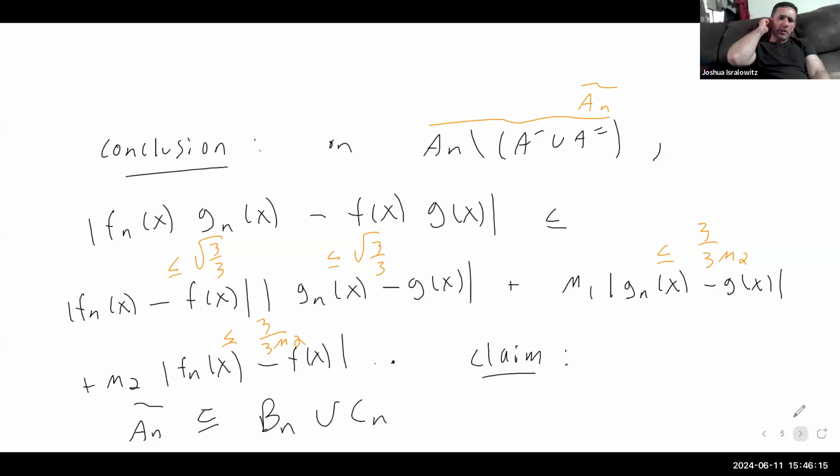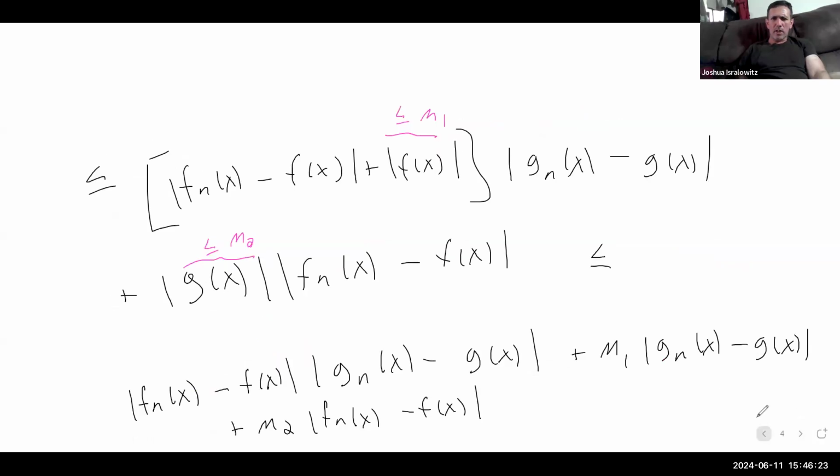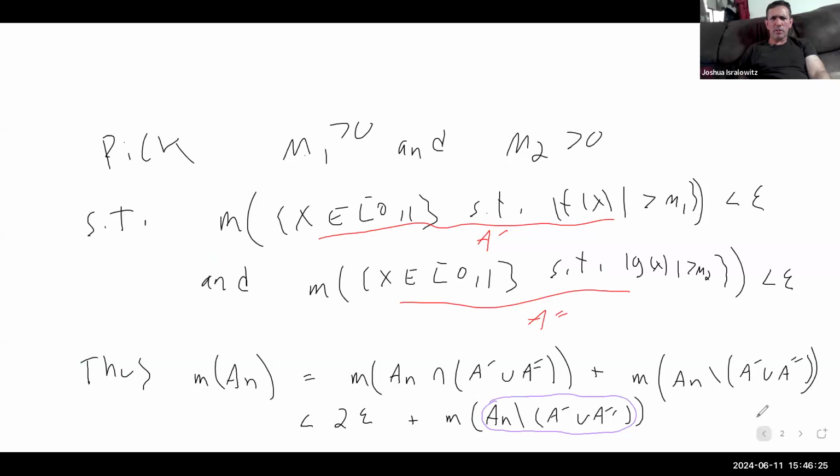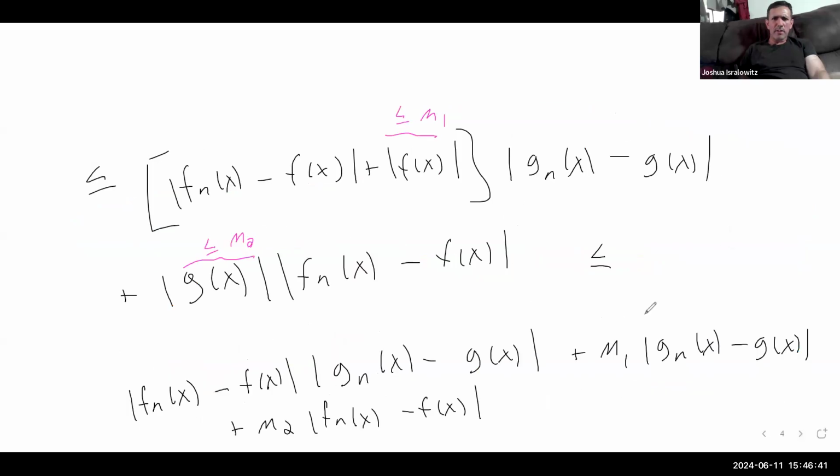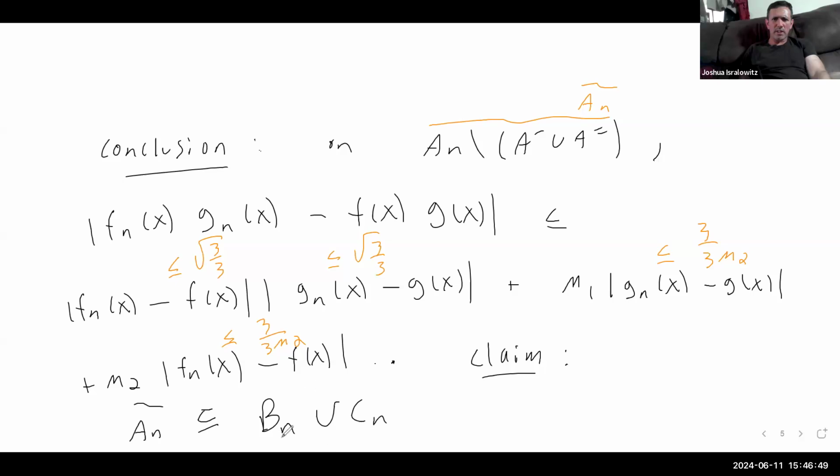Okay, so that's really the whole thing, I guess three major steps. One is to define these sets here so that we're allowed to assume F and G are bounded. Then we properly multiply, add and subtract stuff to get to here. And then we cleverly pick these sets to get the set inclusion.